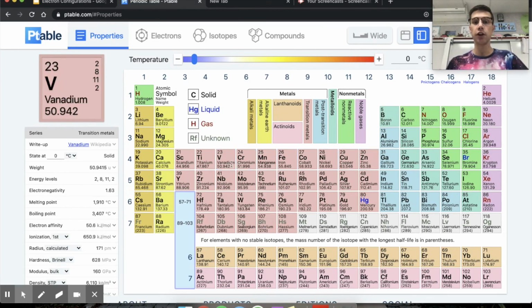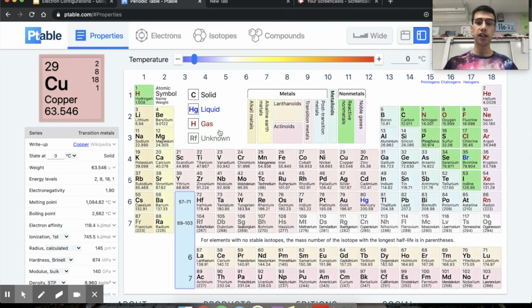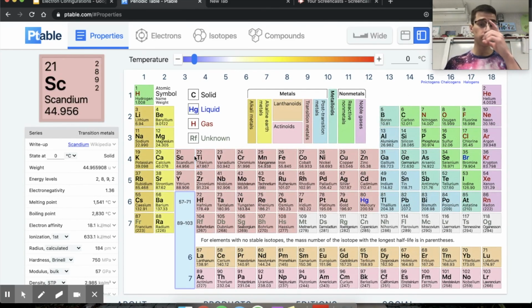So we don't really need to know why there's a number 3 here, but the easiest way to remember it is that because S is the first block and P is the second block and D is like the third block that we come to, we start block S with energy level 1, we start block P with energy level 2, we start block D with energy level 3, and we start block F with energy level 4.